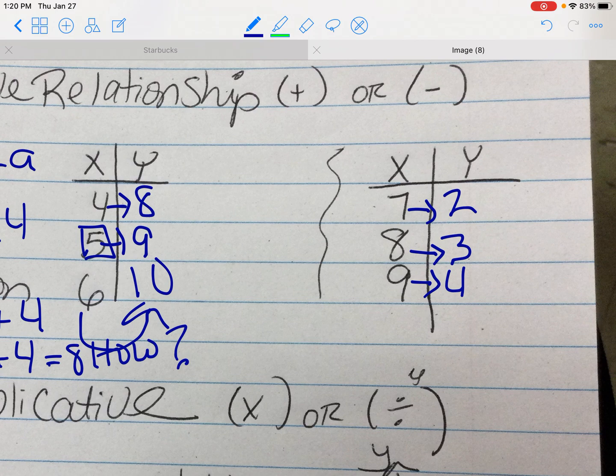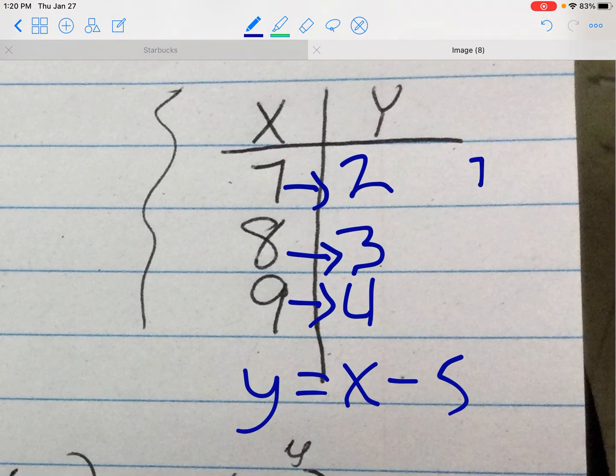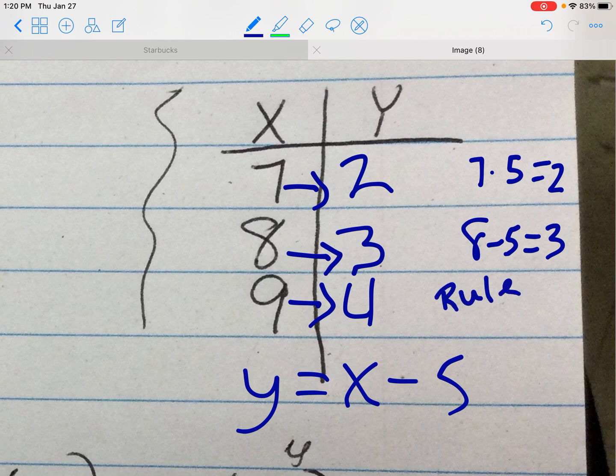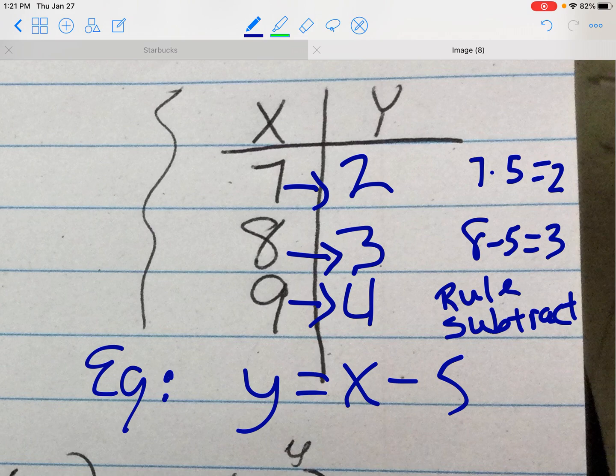Well, if I subtract, 7 minus 5 equals 2. 8 minus 5 equals 3. So my rule is I'm subtracting 5 each time. My equation is y equals x minus 5. So those are the adding and subtracting.